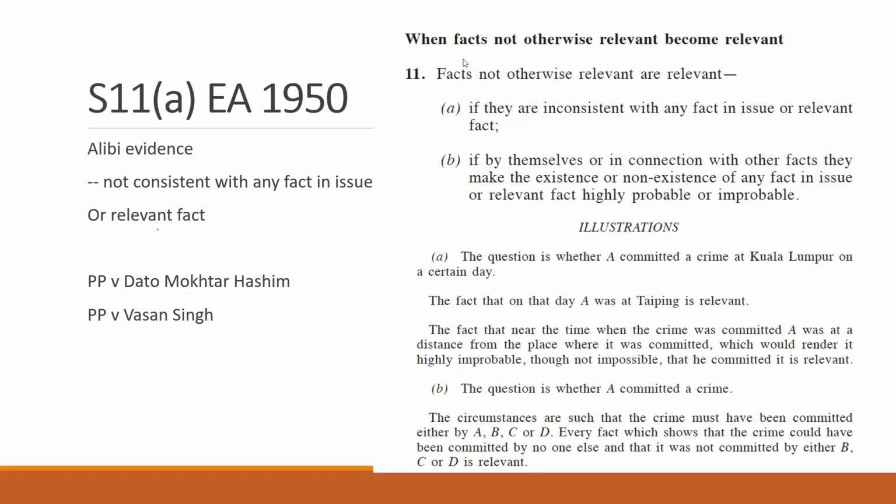Let's say, for example, prosecution witness, the PP charge me for murder. If I raise the defense alibi, said that, in fact, I was not in Johor on the day, at the time that the murder took place.